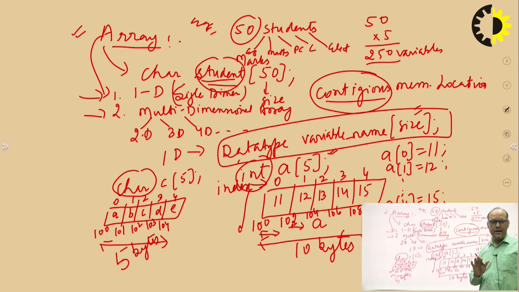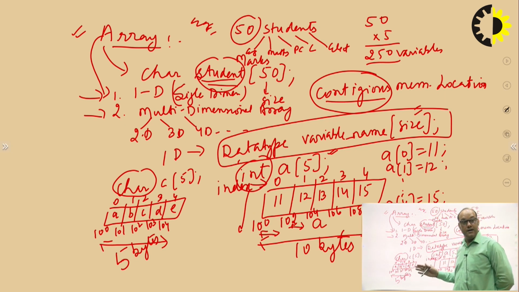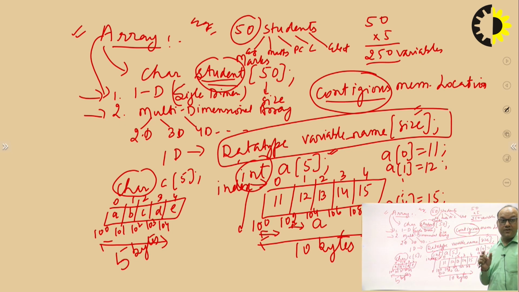Array can be defined as contiguous memory allocation, to keep similar type of elements together: all integer, or all character type. If we want to keep similar type of elements together, we will take the array data structure. Okay, this is clear. So this is how we will define 1D.